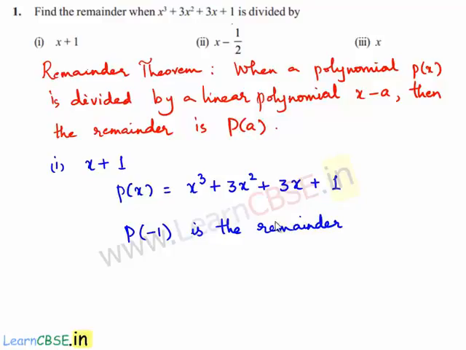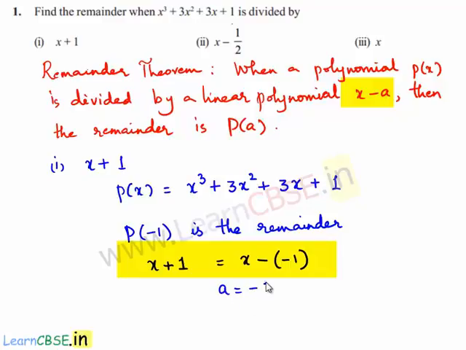This is because x plus 1 can be written in the form x minus of minus 1, which is in the form of x minus a, where a is equal to minus 1. By the remainder theorem, p of a is the remainder, which is nothing but p of minus 1.